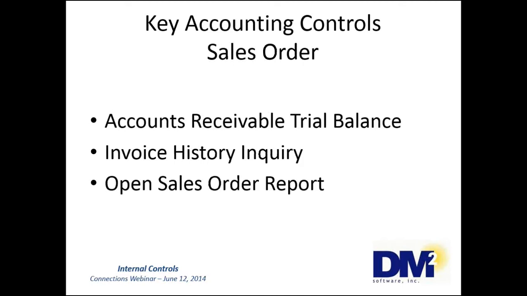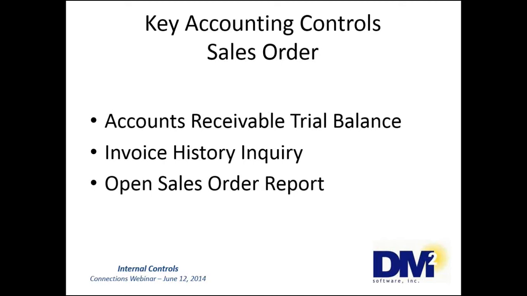As you update invoices in sales order, accounts receivable is also updated. Use the reports from accounts receivable to track your invoices and analyze your sales, which include the Accounts Receivable Trial Balance, the Aged Invoice Report, and Invoice History Inquiry. The Open Sales Order Report can be used to identify what orders are outstanding, on hold, or need to be followed up on.